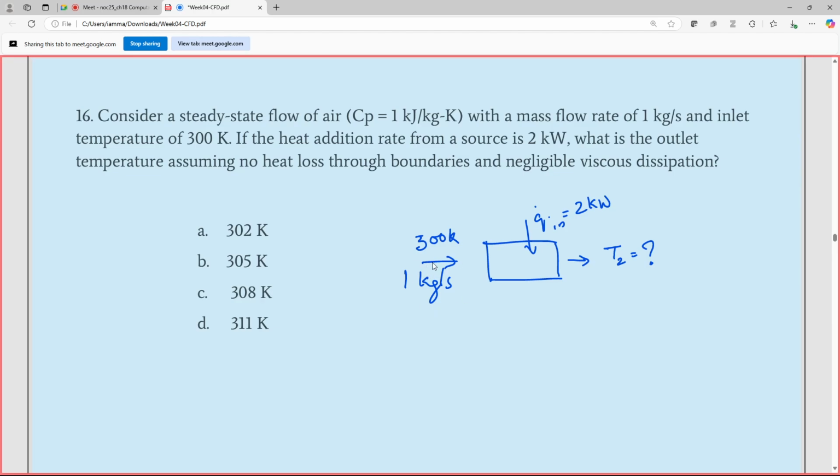The heat brought into the system can be obtained by m Cp delta T, so T plus 2 will give the output.